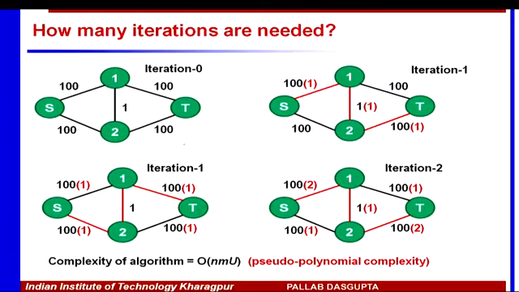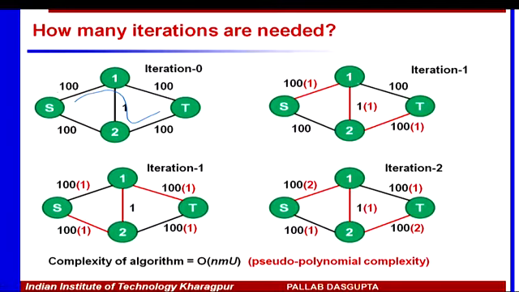So we start with the iteration and we are selecting augmenting paths, or the paths from S to T, in any arbitrary way. So let's say that in the first iteration we end up finding this path. Now how many units can we augment through that? 1.